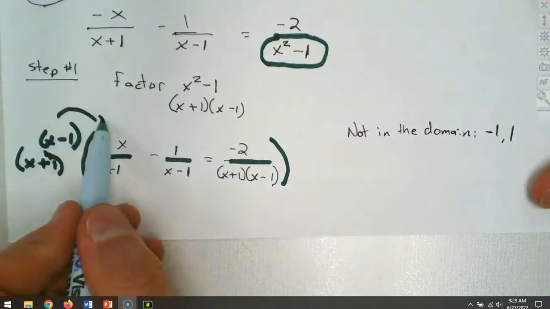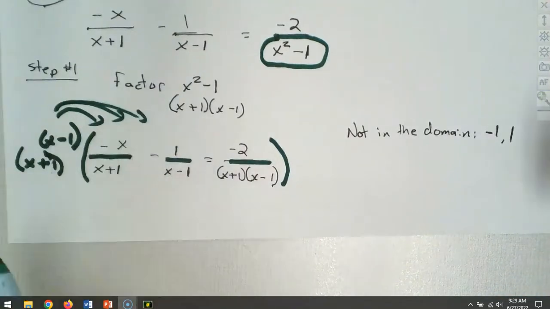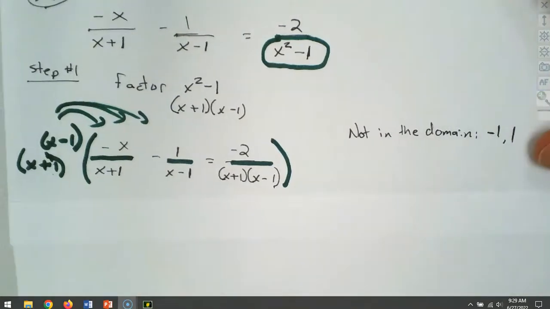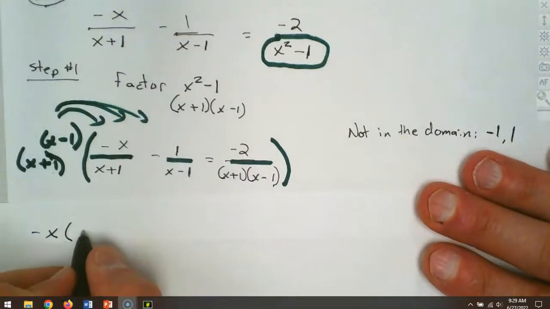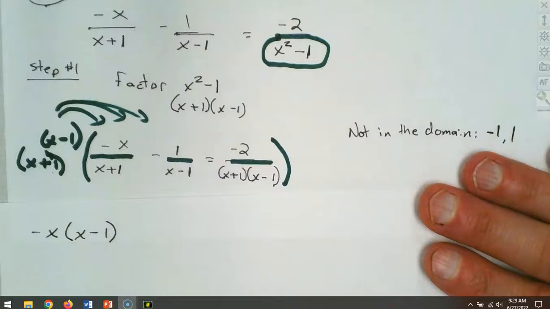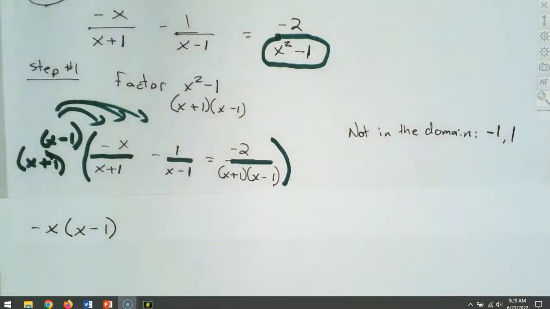Now we're going to distribute. The x plus 1s, well, those cancel. So the x plus 1s directly cancel down below. And what are we left with? Well, we're left with a negative x on top, and we've got an x minus 1. So there's that piece. Then what else do we have?